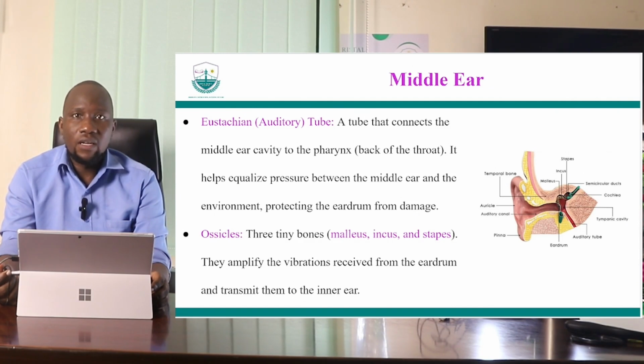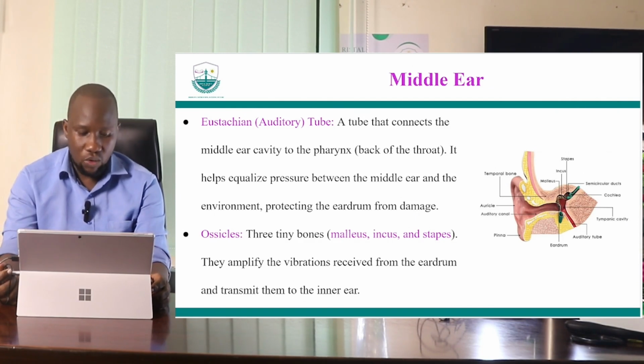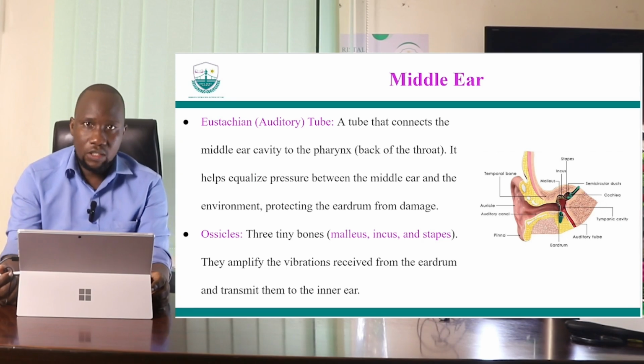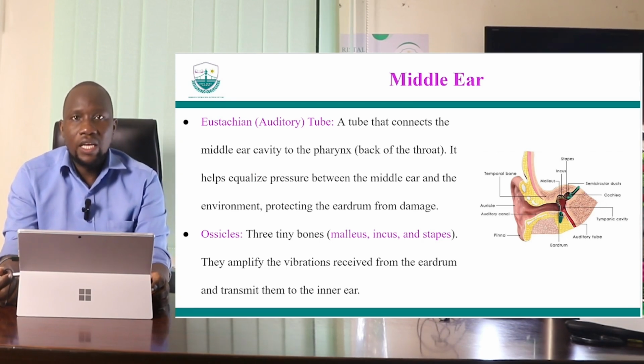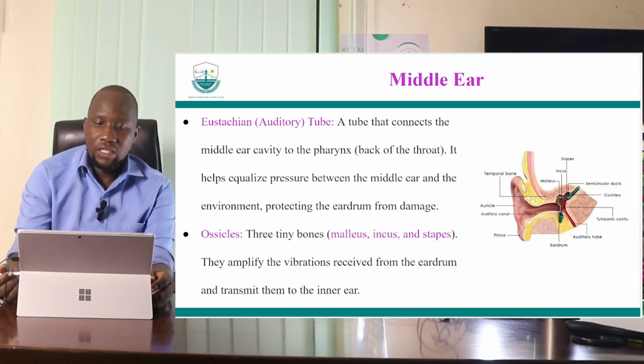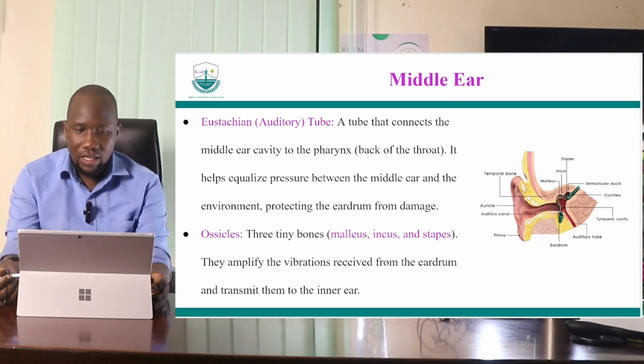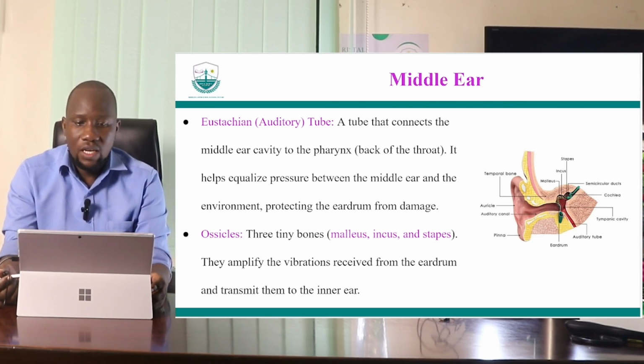The middle ear has a tube that we call the eustachian tube, okay. We can also call it the auditory tube. This tube is very important in equalizing pressure between the middle ear and the environment, okay.